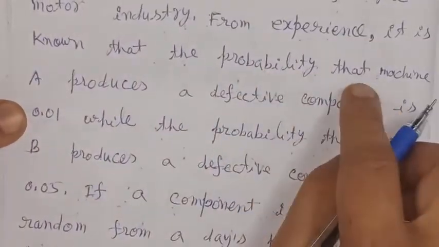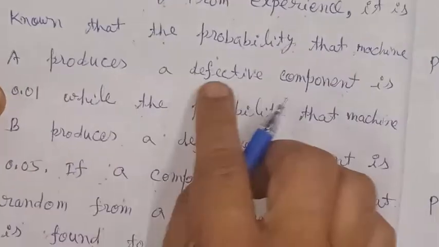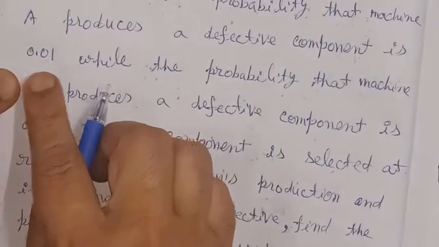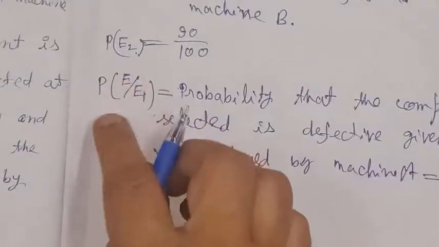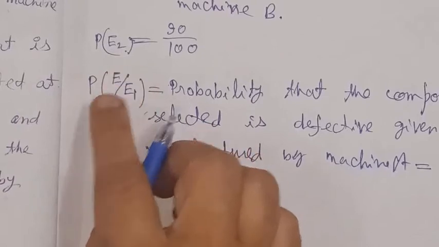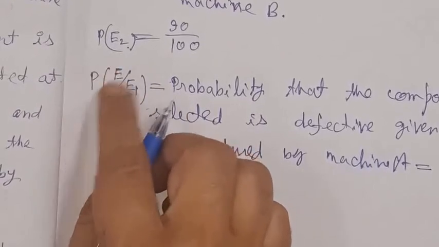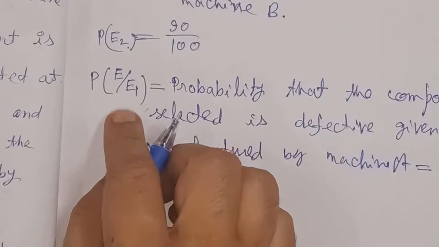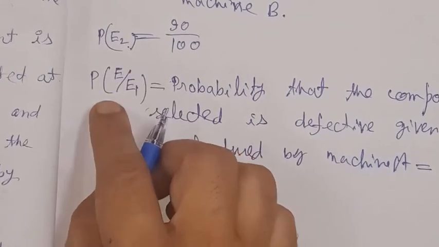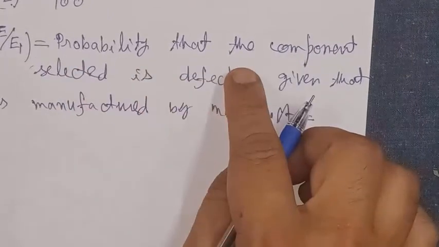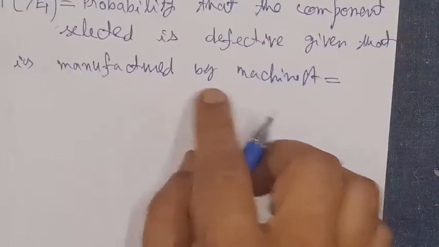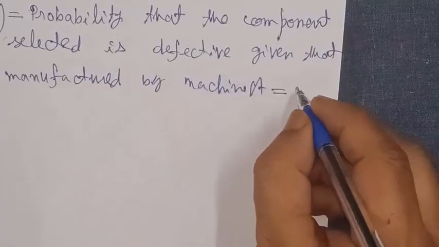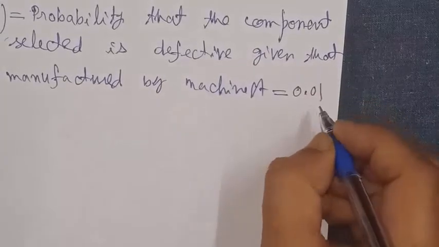From experience, it is known that the probability that machine A produces a defective component is 0.01, which means this event. That probability is P(E/E1), which is called conditional probability and defined as the probability that the component selected is defective given that it is manufactured by machine A, which is given in the question as 0.01.